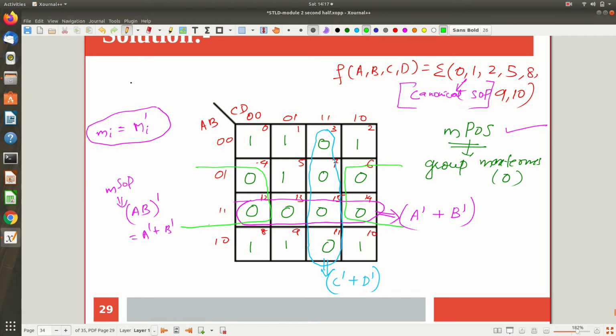Now tell me what this whole thing corresponds to. Definitely two variables will be eliminated, and which are they? A is eliminated because A is changing from 0 to 1, so what remains is B, and it is 1, so B dash.